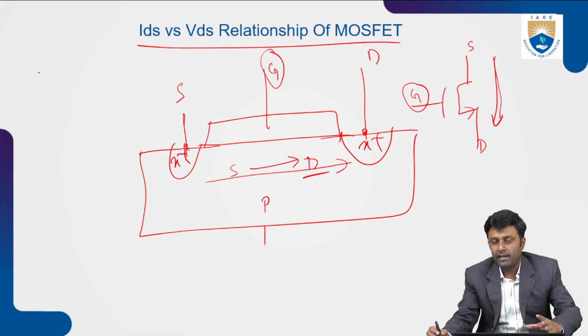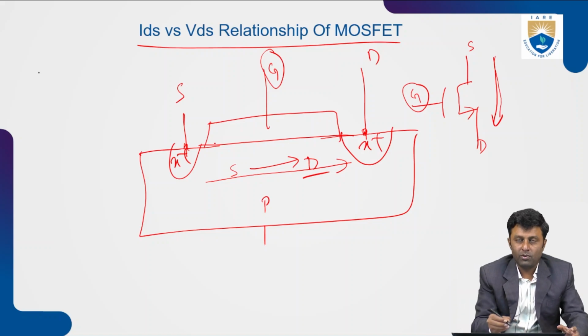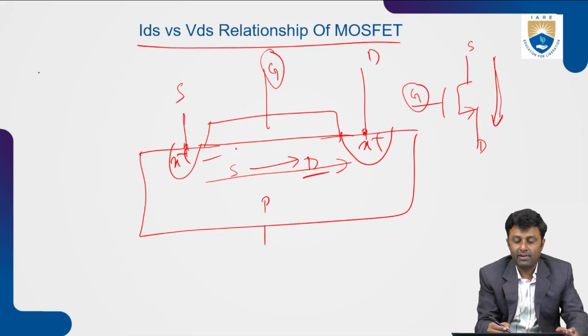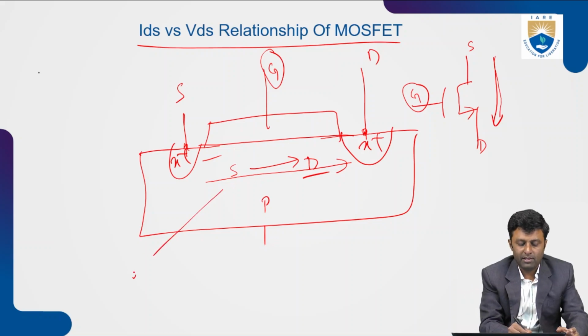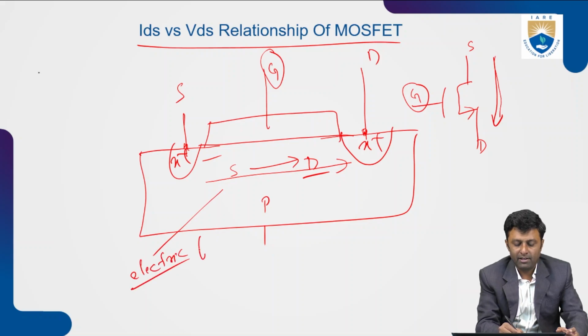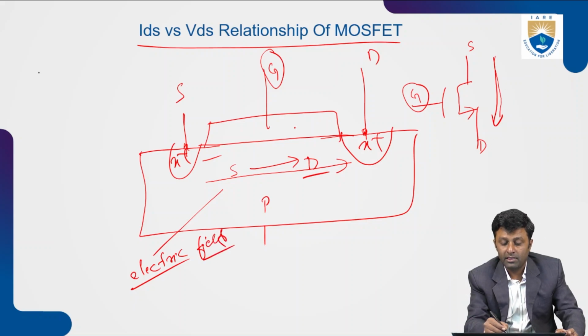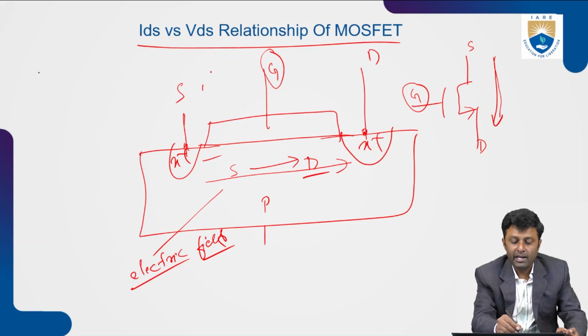Under the condition that we want to control the flow, the electric field generated by this current is under the control of VDS, that is the voltage applied between the drain and the source.